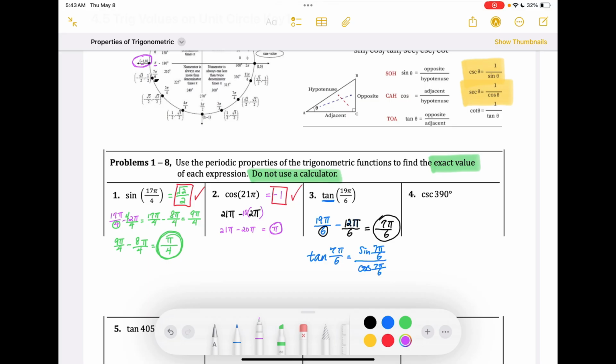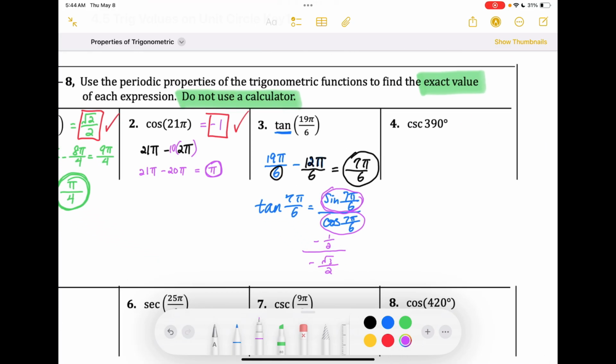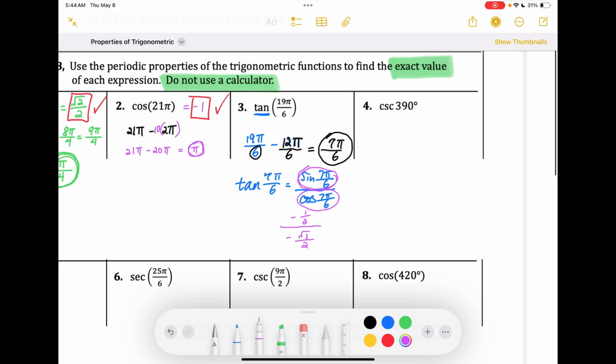Very good. Sine of 7 pi over 6 from your unit circle right here is negative 1/2. So plug it in. I got negative 1/2 over cosine of 7 pi over 6, which is negative square root 3 over 2.